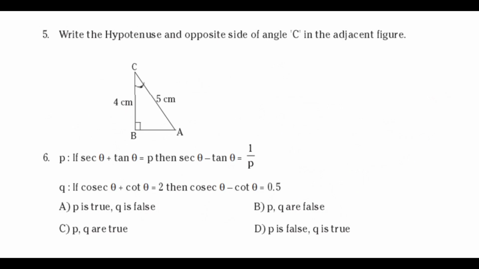write the hypotenuse and opposite side of angle C in the adjacent figure. So in this figure, the question is asking for the hypotenuse and the opposite side of C. The hypotenuse is AC, right? So AC is equal to 5 centimeters, and this is the hypotenuse, okay? And for angle C, the opposite side of angle C is AB, okay?